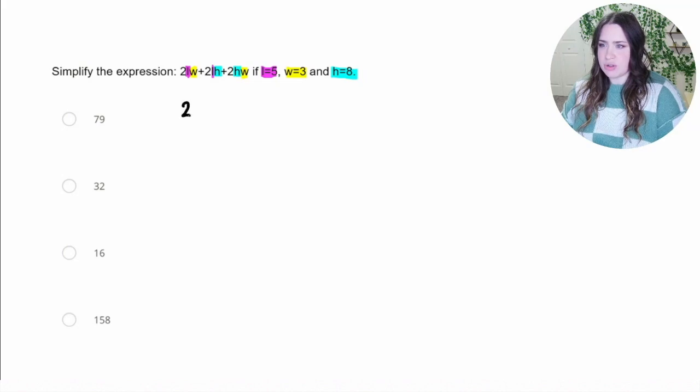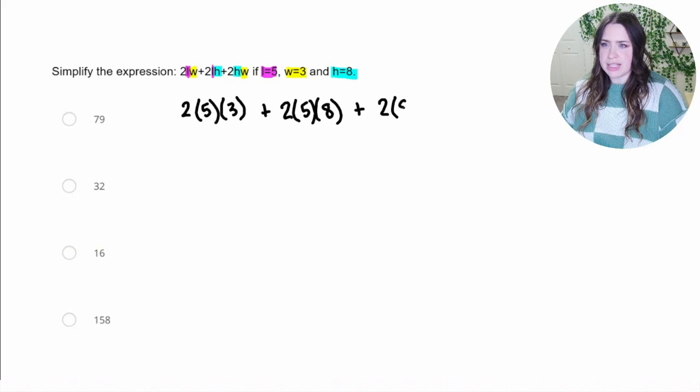So we have 2 times 5 times 3 plus 2 times 5 times 8 plus 2 times 8 times 3. So we need to do each of these products first or separately, and then we can go ahead and find their sum.